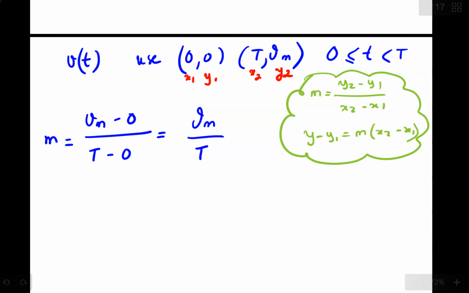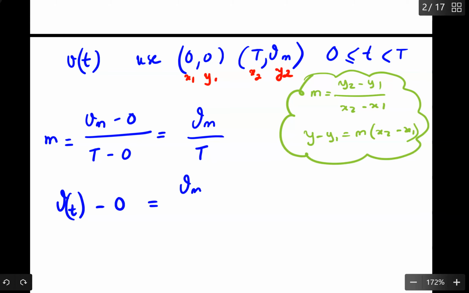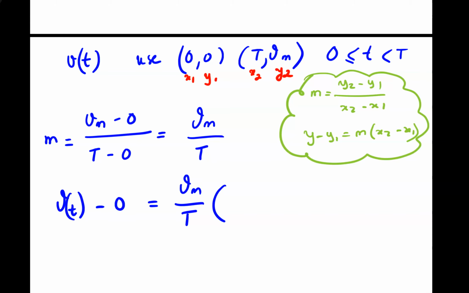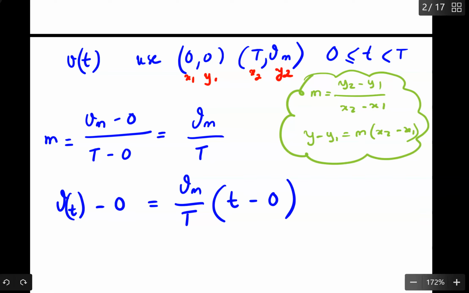Now y − y1, I will write it as V(t) − 0 is equal to the slope Vmax over T times t subtract the x1, which is equal to 0.